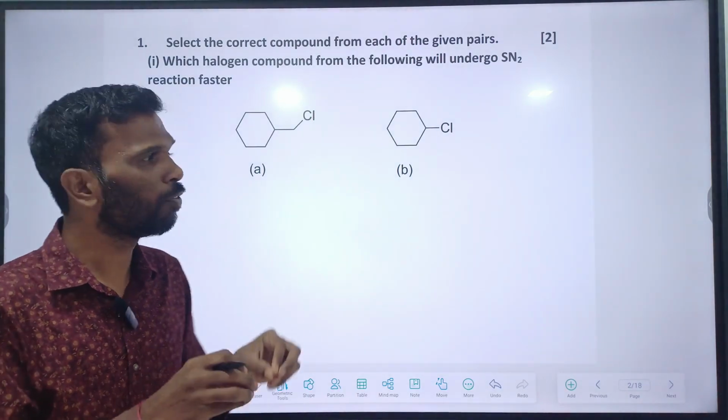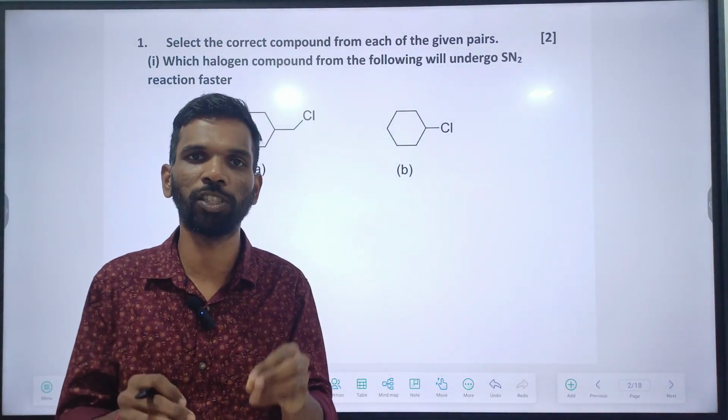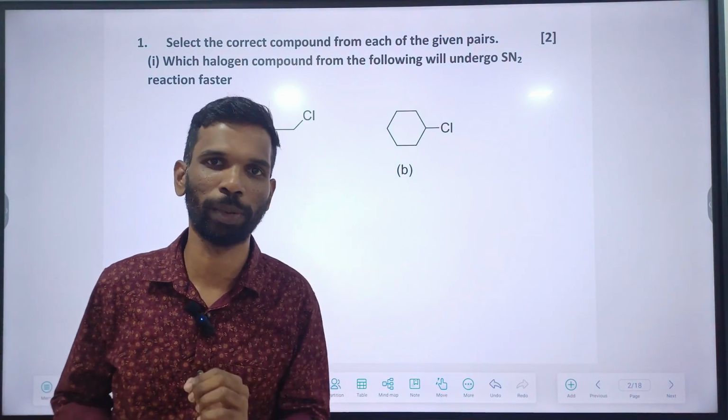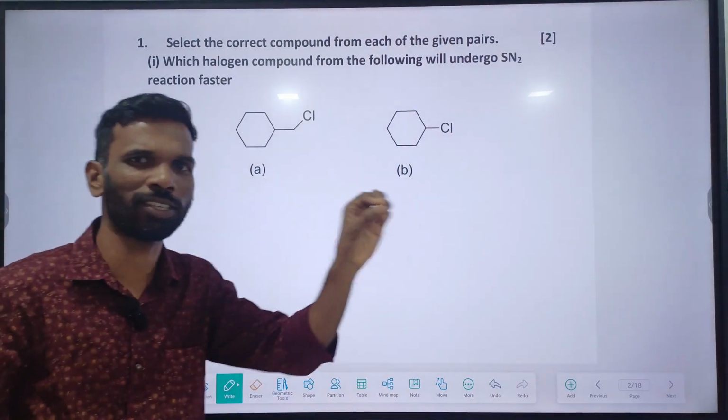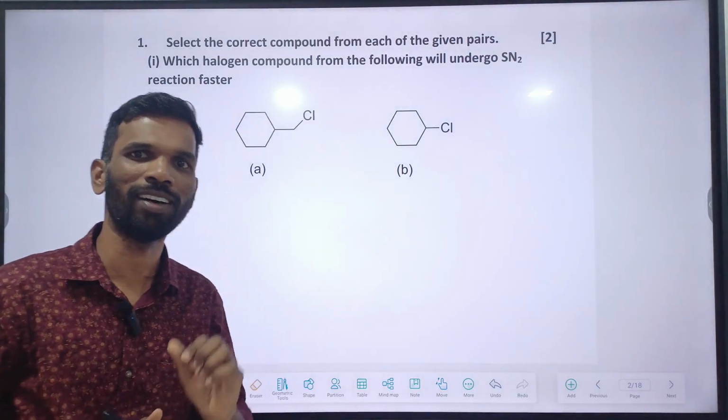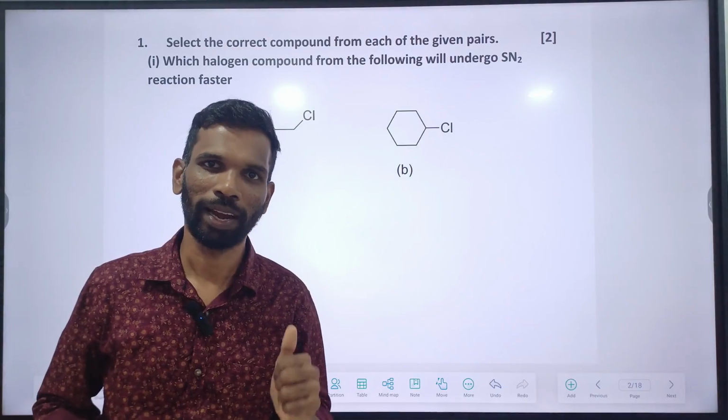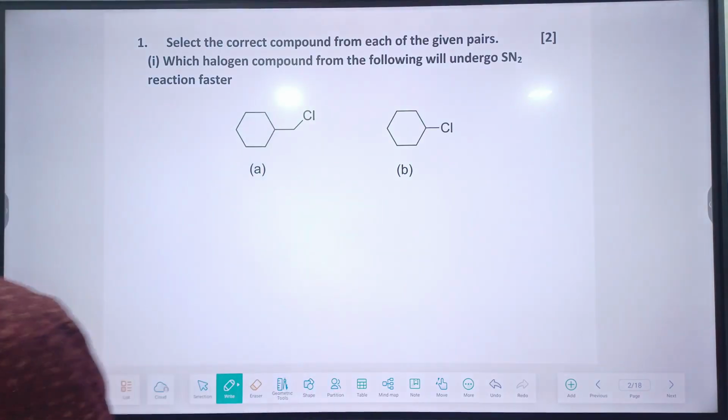For that, you have to know the difference between the SN1 and SN2 mechanisms. So before I solve this question, I'll just write the difference between an SN1 mechanism and an SN2 mechanism.